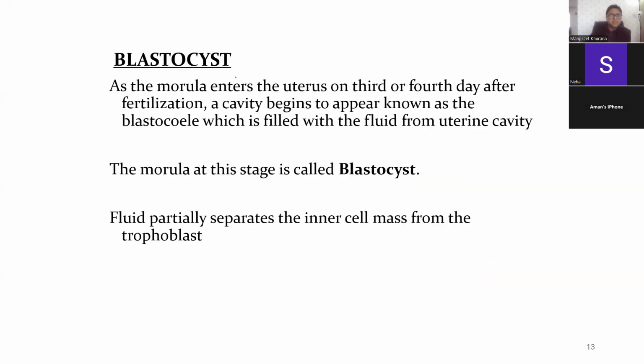Now, blastocyst. Obviously, blastocyst means that a cavity is created now. So, as the morula, tell me, how many cell stage is morula? 16 cell stage. As the morula enters the uterus on the third or the fourth day after fertilization, what is happening?